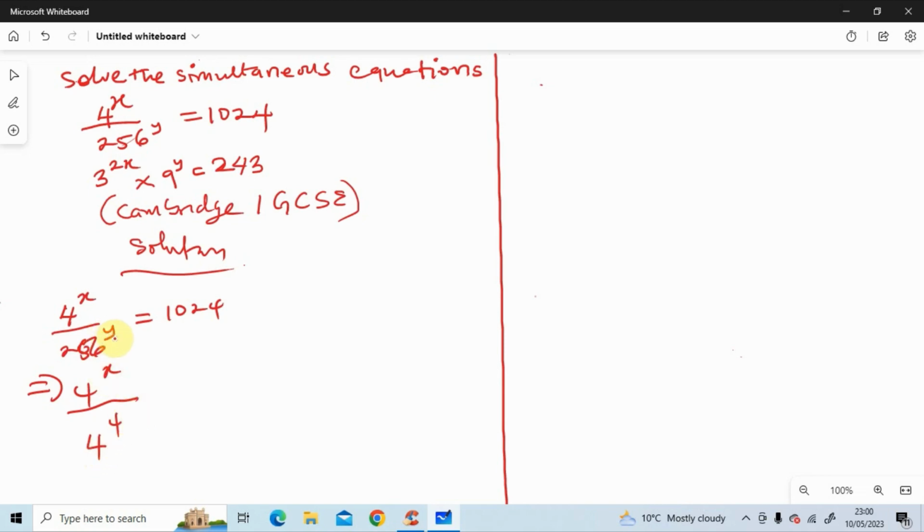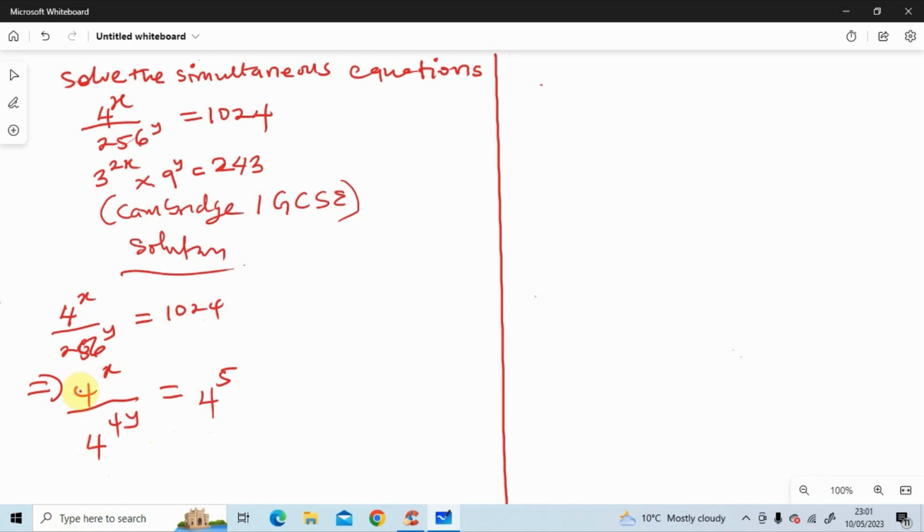Because of this exponent y, you're going to multiply that 4 by y. The same thing applies here. I need to bring out base 4, then look for a number that if I raise 4 to it, I'm going to get 1024, and that number is 5. 4 exponent 5 is equal to 1024. So looking at this, all of them have the same base 4.